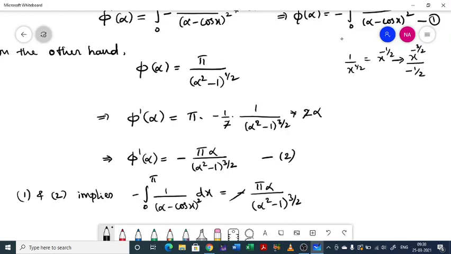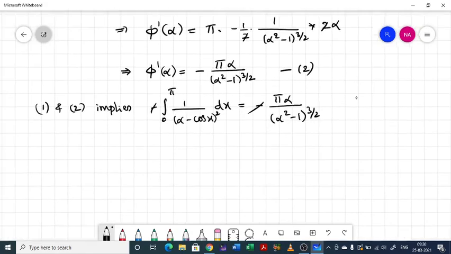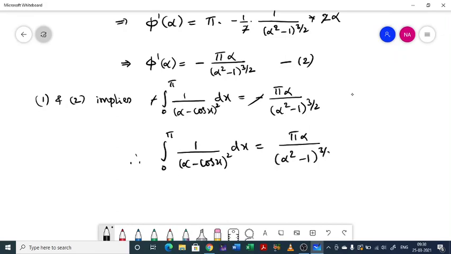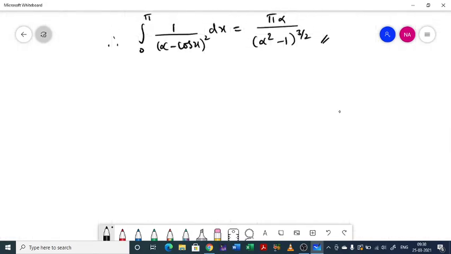So minus minus get cancelled. So finally we get integral 0 to pi 1 divided by alpha minus cos x whole square dx is equal to pi alpha divided by alpha square minus 1 whole power 3 by 2. That's all. That completes the solution of problem A.